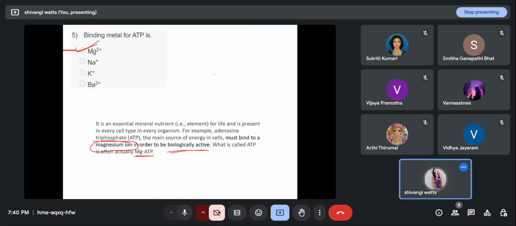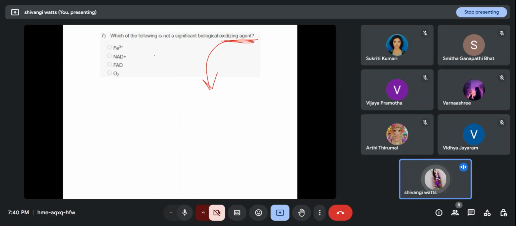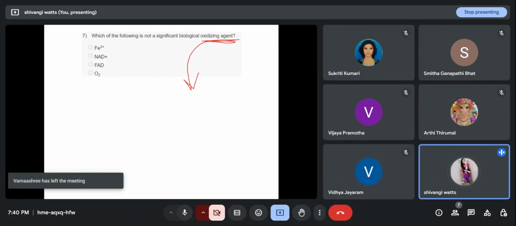So oxygen O2 is fine. FAD and NAD positive, these are good significant oxidizing agents. Oxygen will also be there to oxidize various biomolecules, but iron is a metal which is not a significant oxidizing agent in the biological system.